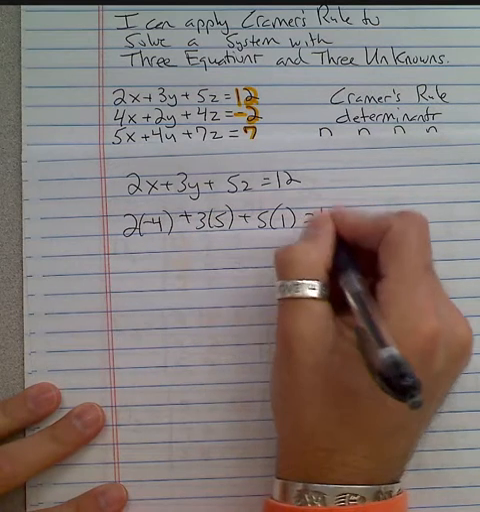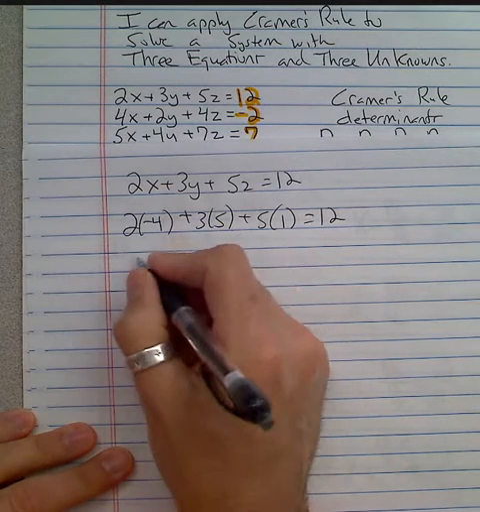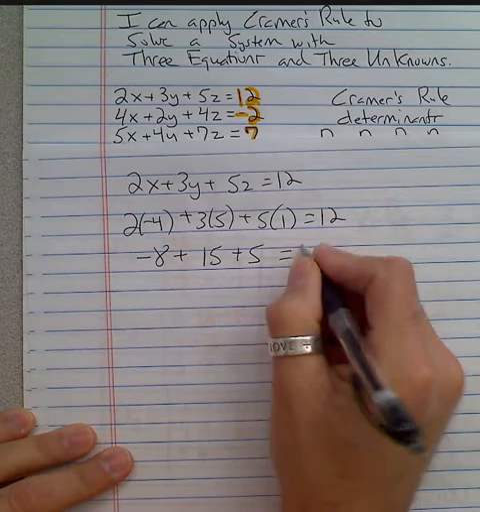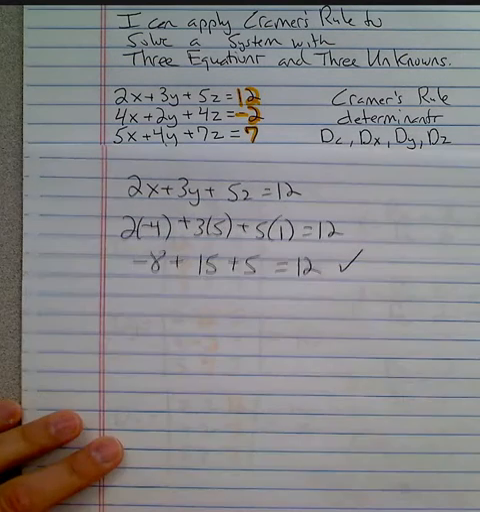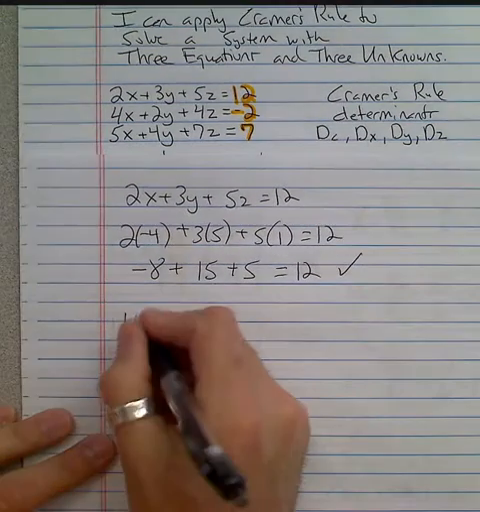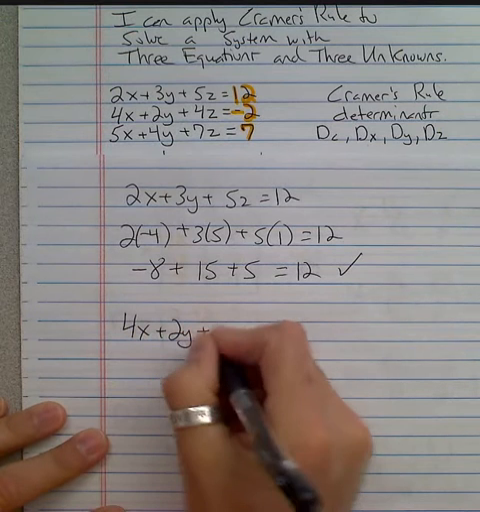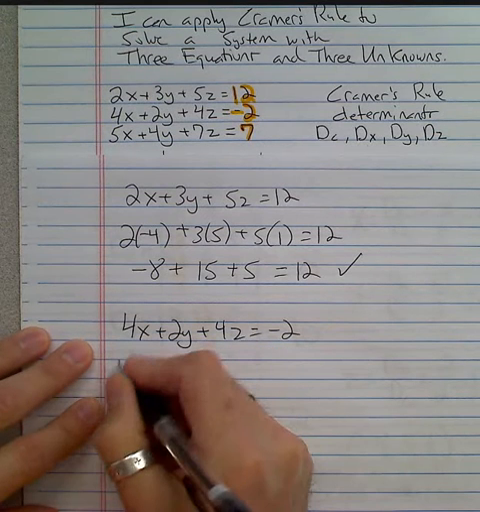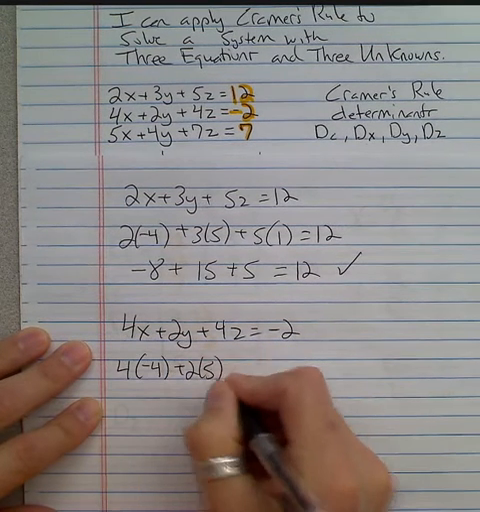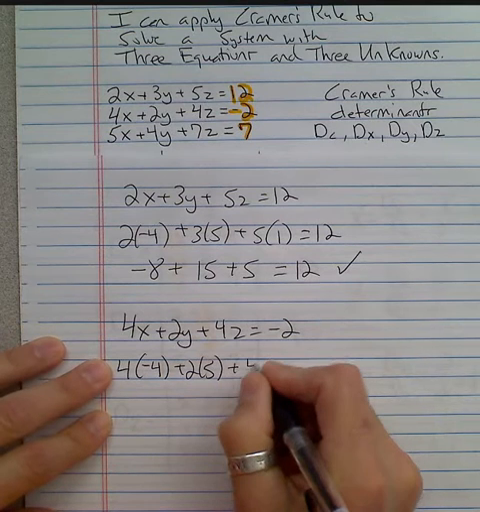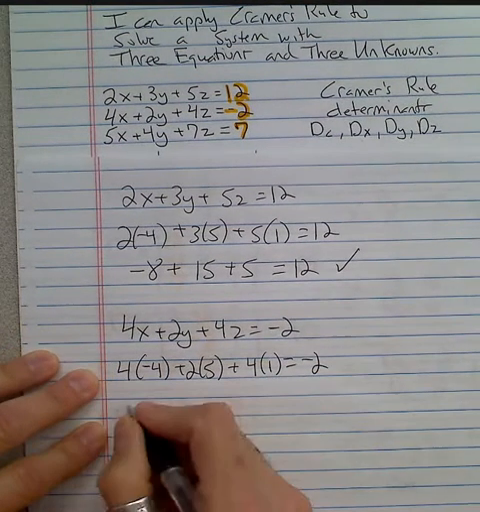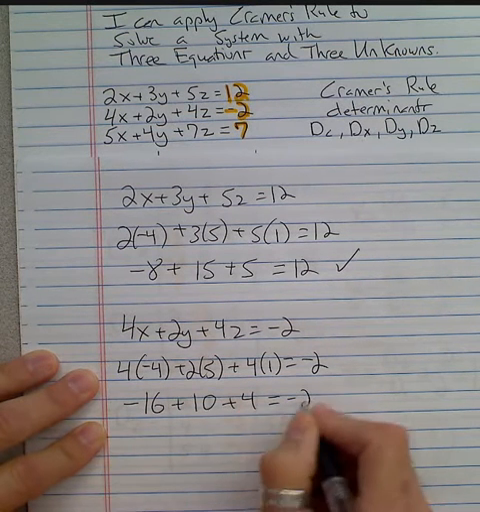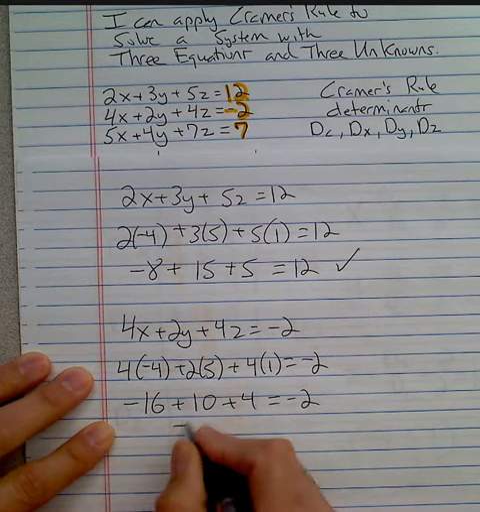And I'm going to check to see if that gives me 12. And I'll have -8 plus 15 plus 5, and indeed that gives me 12. I have my second equation. I'm going to have to go ahead and put in my -4, my 5, and my 1. So I have -16 plus 10 plus 4. Does that equal -2? And yes, it does.